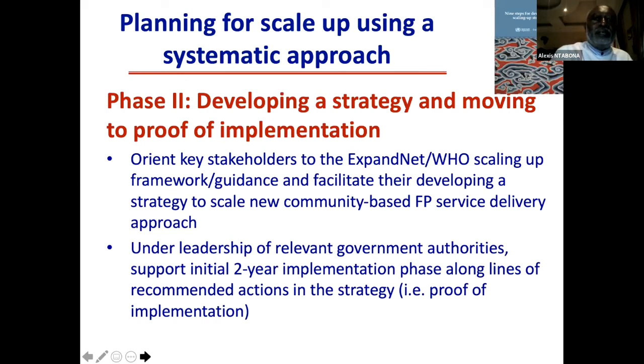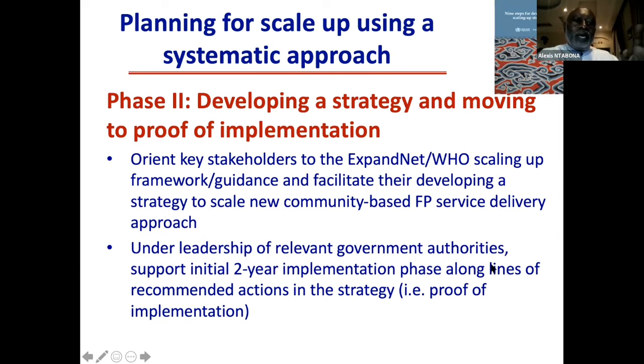This was the starting of the first phase, and I hope you still remember that arrow which is going from beginning with the end in mind to developing a strategy and managing the scaling up phase.